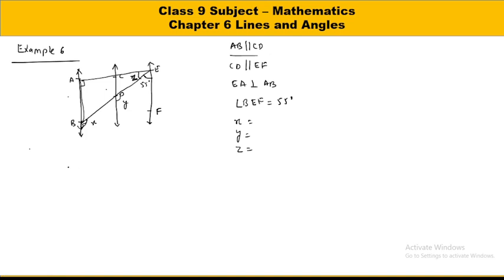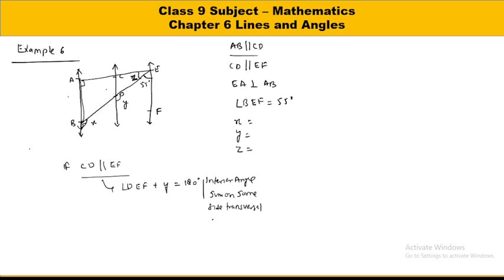Now it is given that line CD is parallel to line EF. If these two lines are parallel, then angle DEF plus angle Y is 180 degrees, because the interior angle sum on the same side of the transversal is supplementary.